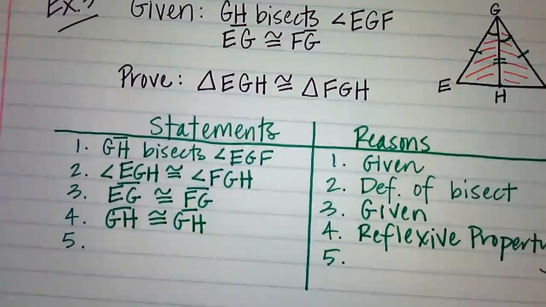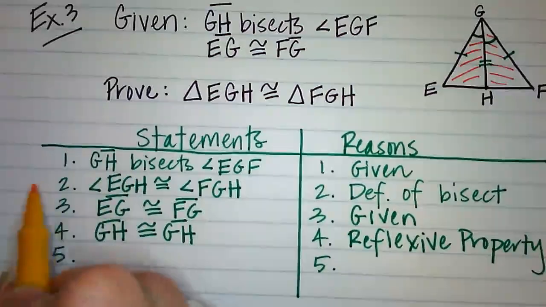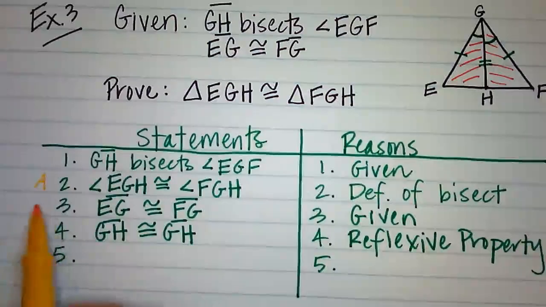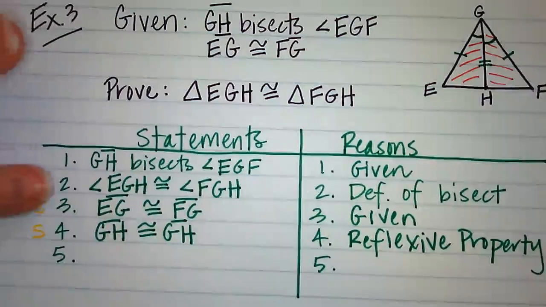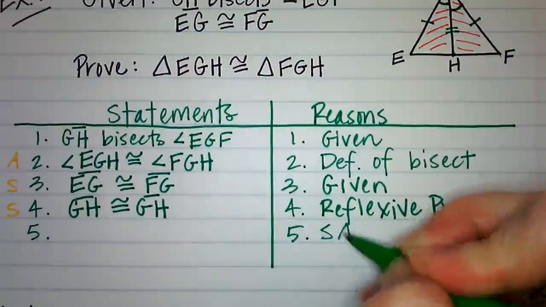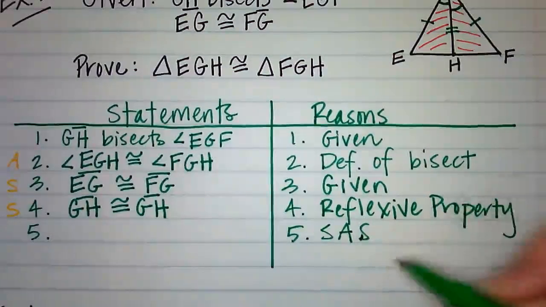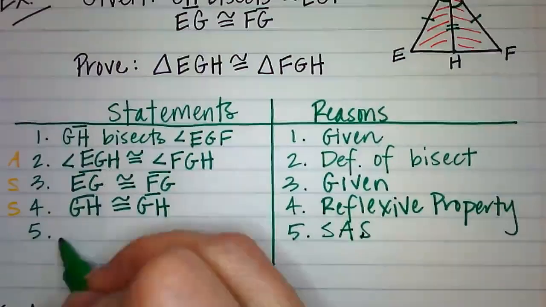All right, so now we've taken care of the angle, and then the side, and then the side, which is not in that order. Oops. But using side, angle, side is the correct order. We have proven that those two triangles are congruent.